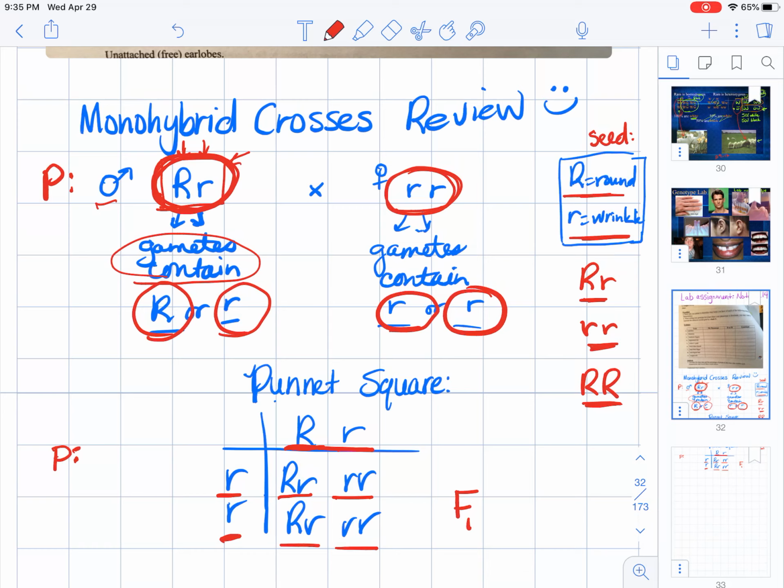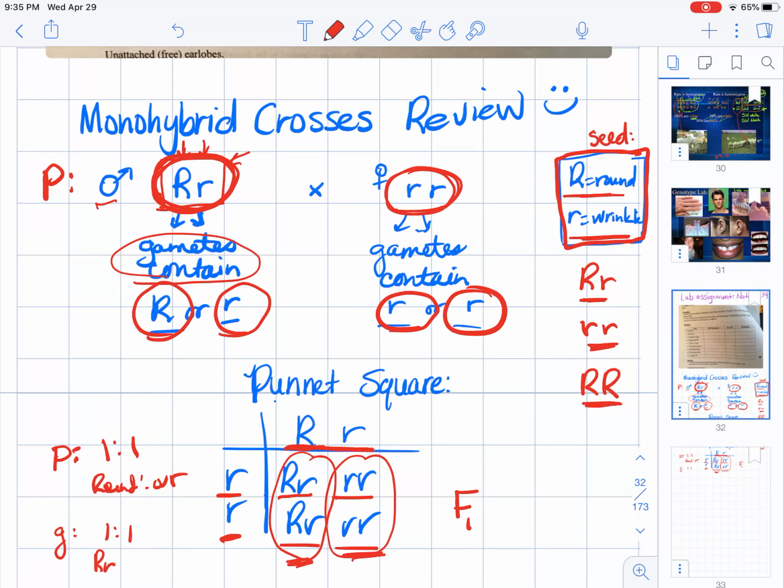And remember, in talking about these, they may ask you what physically, or the phenotypic ratio, what those offspring would look like. And you would have to say that they would be a 1-to-1 ratio of round to wrinkled. Remember, here is our legend. Big R is round and little r is wrinkled. And if they asked you genotypically what they would be, it would also be half and half, a 1-to-1 ratio.